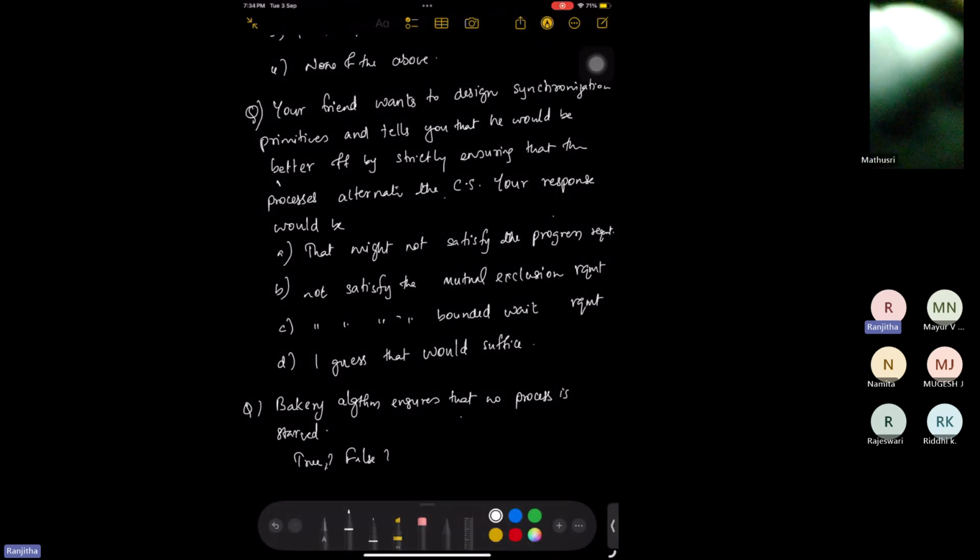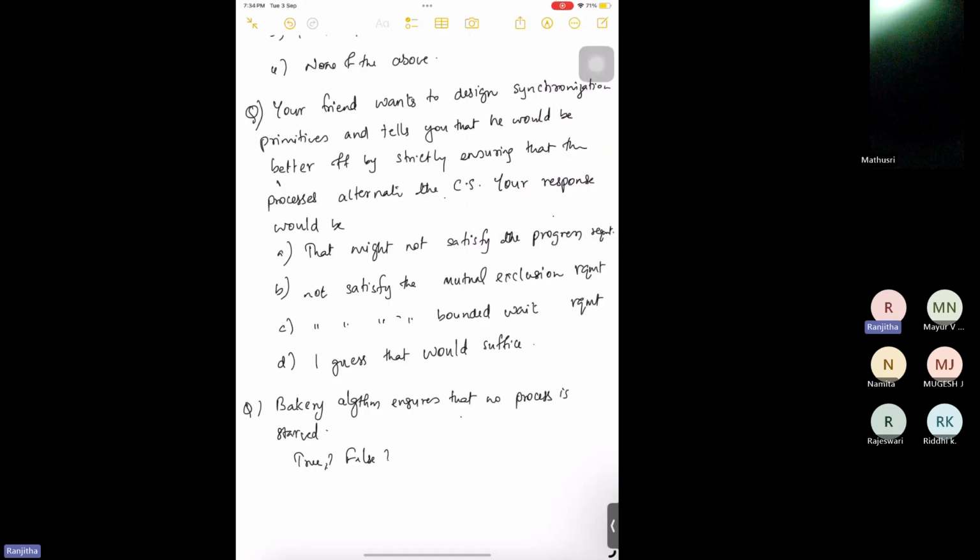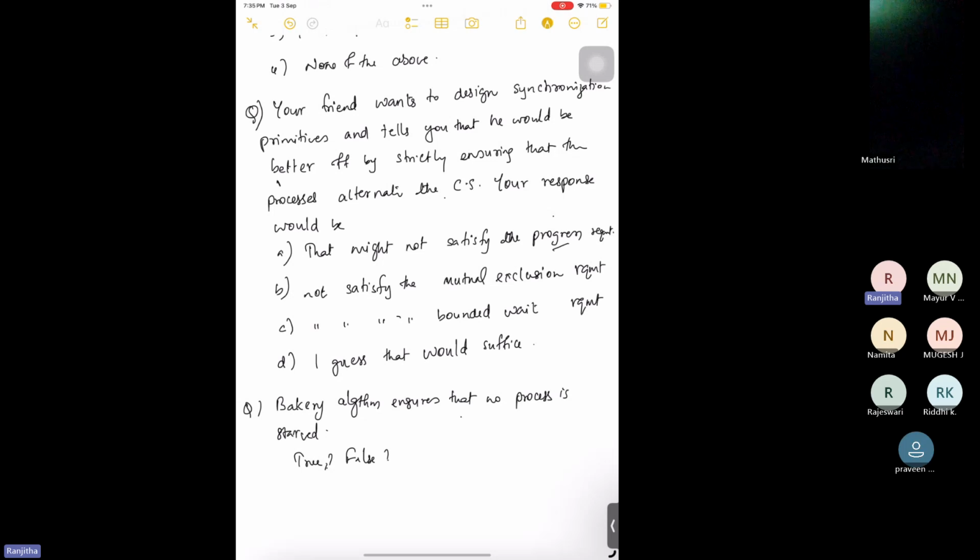In such a scenario, what was the problem that we saw in that first software-based solution using the turn variable?